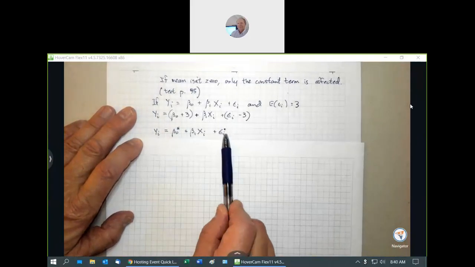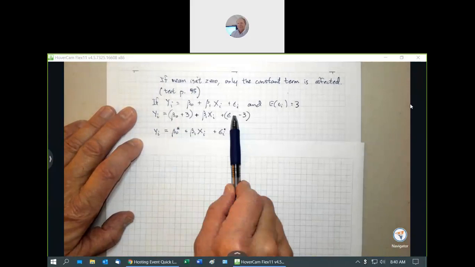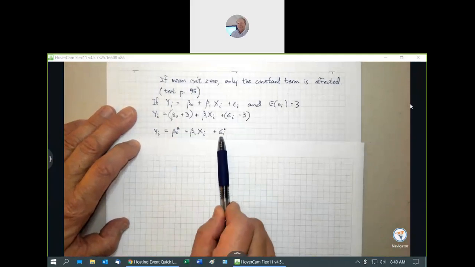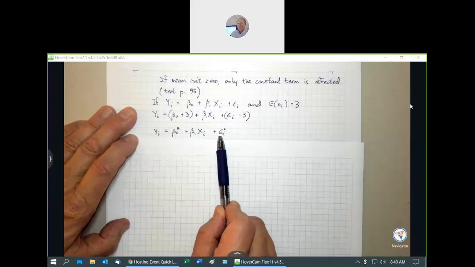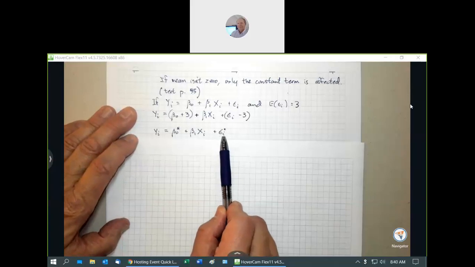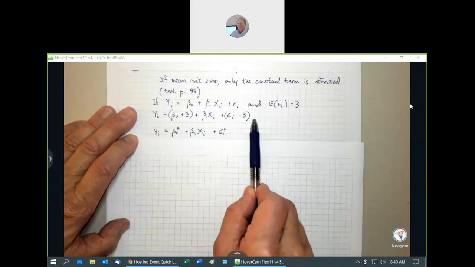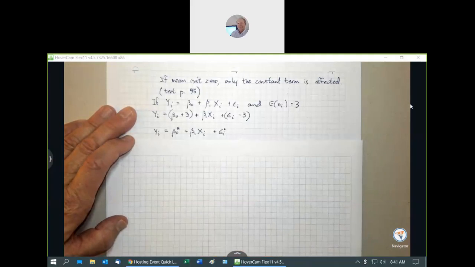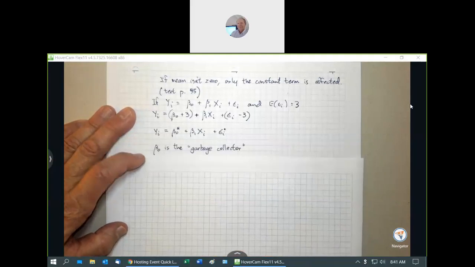And then our epsilon i is a messed up version of our original error term. But what's the error term, epsilon i star? Well, it's 3 minus 3, so the mean of that thing is 0. So what we have there is actually an equation that obeys that Gauss-Markov assumption.